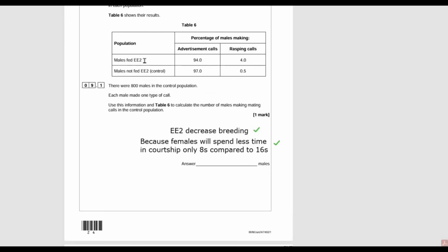So males fed EE2, what we're going to get is less advertisement calls and more rasping calls, meaning less frogs are sexually active.